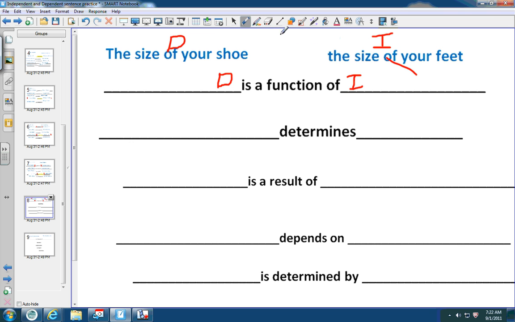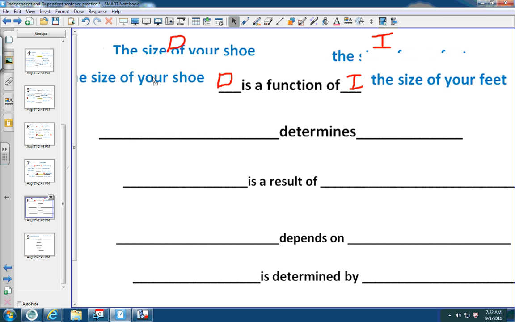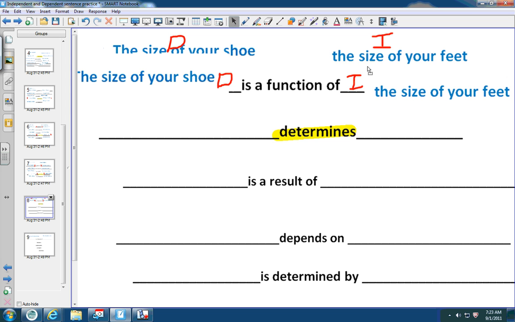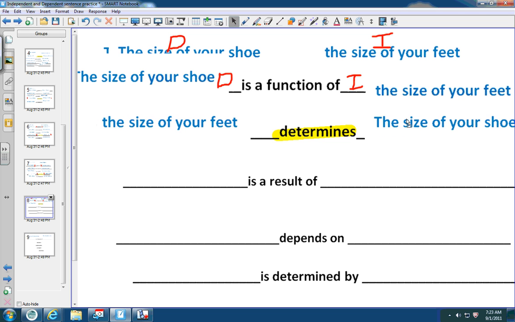Oh, I keep pulling up the pen here. I don't want that. There we go. This goes here. The size of your shoe is a function of the size of your feet. Determines, there's that special one right here. You've got the size of your feet determines your shoe size.